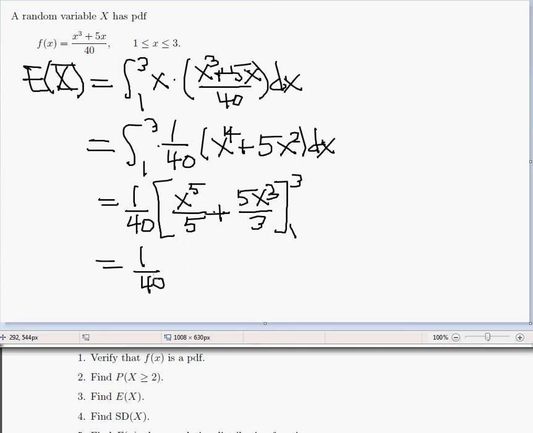We have 1/40. Plugging in 3, I get 243 over 5. Plus, plugging in 3 over here, I get 27 divided by 3 is 9, times 5 makes 45. Minus, then plugging in 1, I get 1/5 plus 1/3.